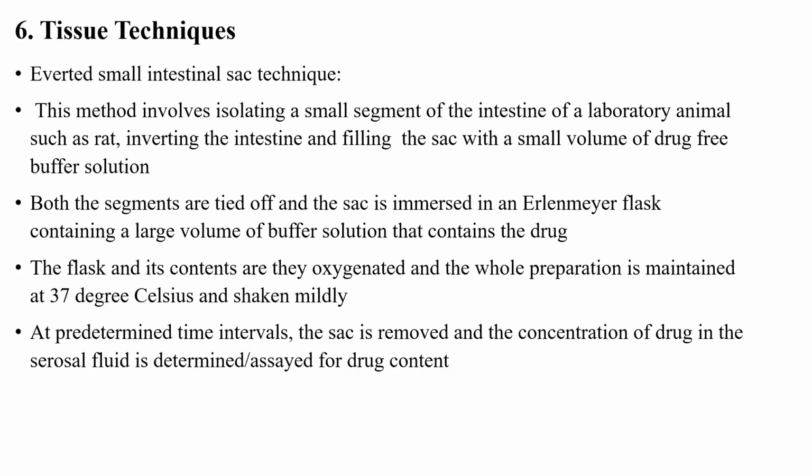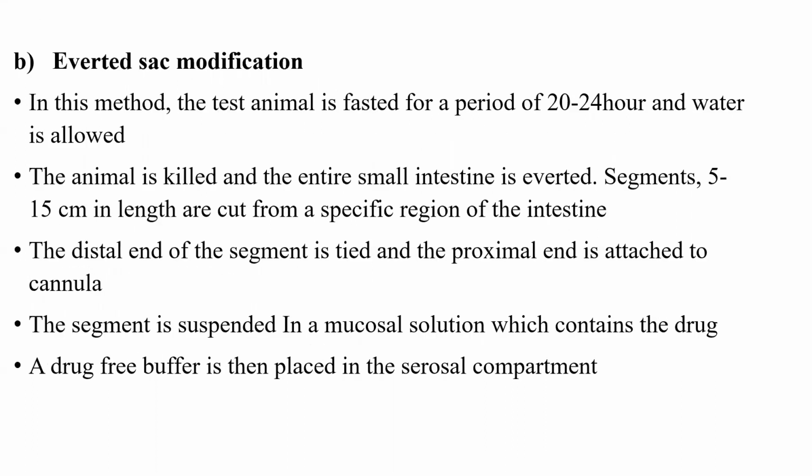The second one is the everted sac modification. Here the animal is fasted for a period of time, like 20 to 24 hours, with water allowed, and then the animal is killed and the entire small intestine is everted. The segment is cut to 5 to 15 centimeter length at a specific region of the intestine.